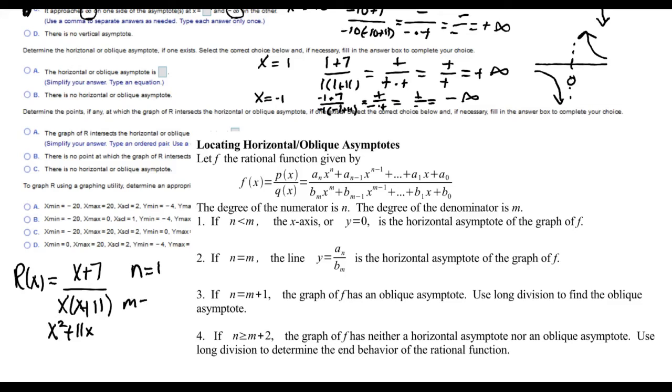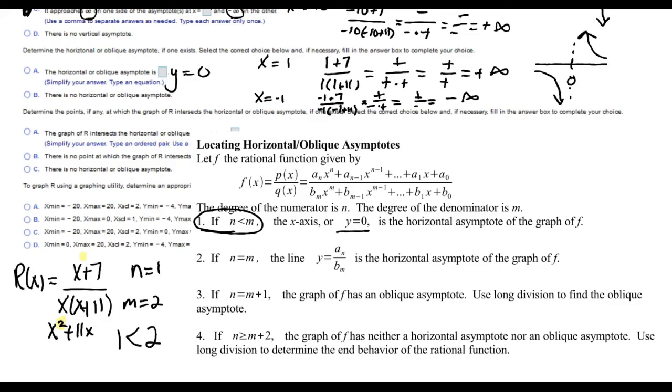Our denominator has a degree of 2. I'm using that highest power on x to indicate the degree. So since the degree of my numerator is less than the degree of my denominator, that puts me in this first case, where my horizontal asymptote is the line y equals 0. So the line y equals 0 is our horizontal asymptote.